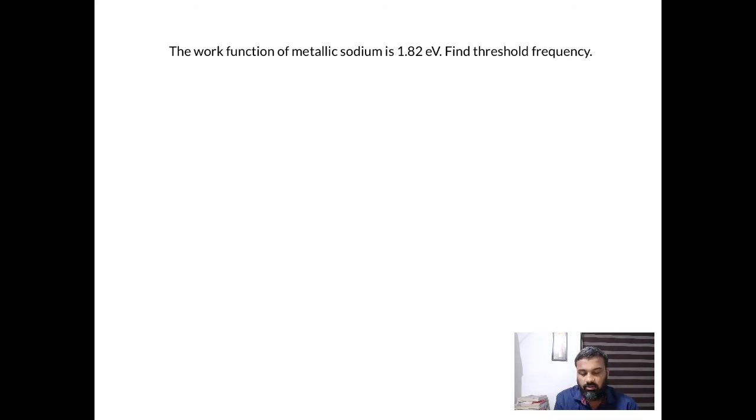In the previous question itself we have seen the equation for work function is phi is equal to h nu 0, where nu 0 is the threshold frequency. So in this equation the work function is given, that is phi is equal to 1.82 electron volt, that we can convert into joules. 1.82 into 1.6 is equal to 2.912 into 10 raised to minus 19 joules.